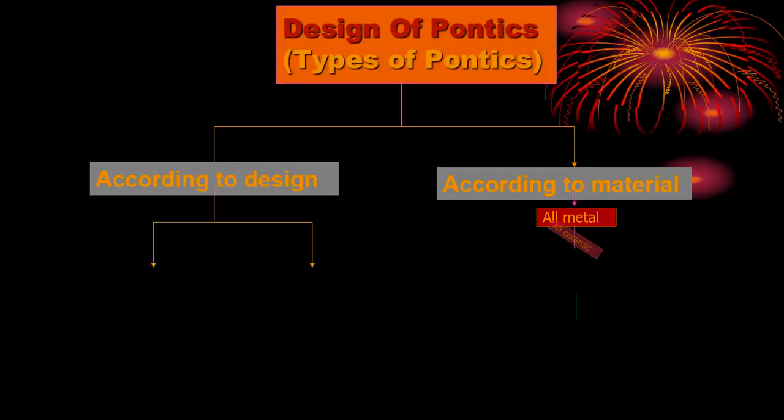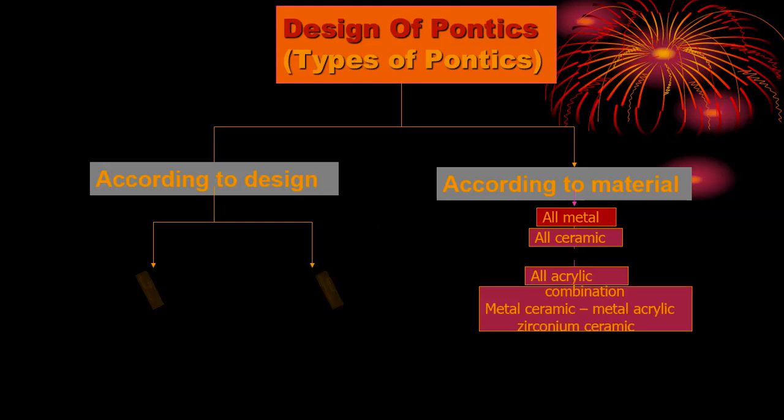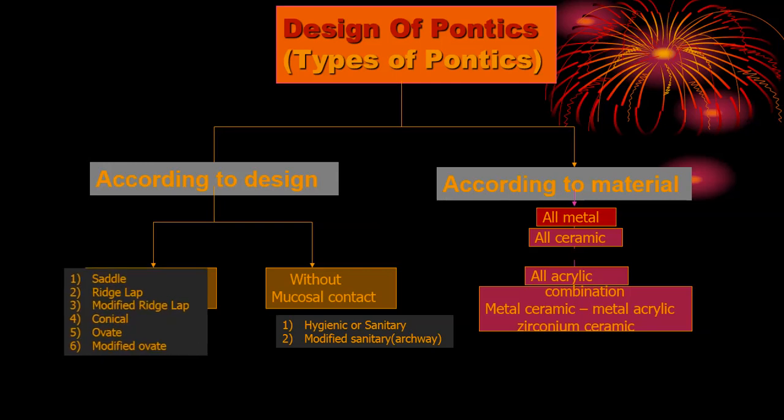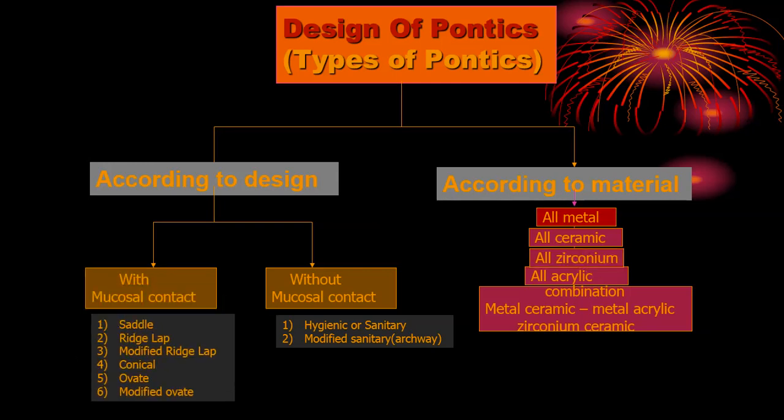The design of the pontic can be classified in two ways: according to the design or shape of the pontic, or according to the material used. According to the material, as with the retainer, it can be all metal, all ceramic, all zirconium, all acrylic, or a combination of metal ceramic, metal acrylic, or zirconium ceramic. All these can be types of pontic according to the material.